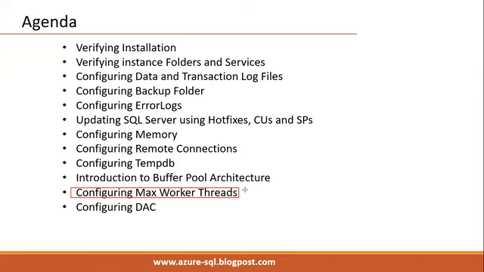In general, in our normal machines, for less than or equal to 4 logical CPUs, we have 512 threads by default. A thread is nothing but one process space.